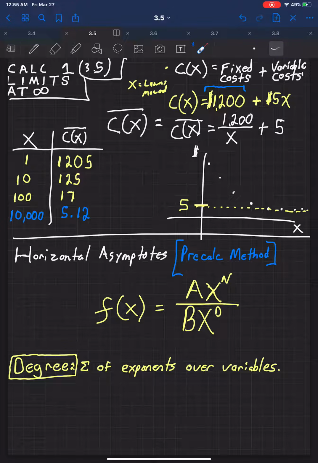Now, let's go back to precalculus for a second, right? In precalculus, we were given methods of how to find horizontal asymptotes. But the methods are somewhat gimmicky, right?